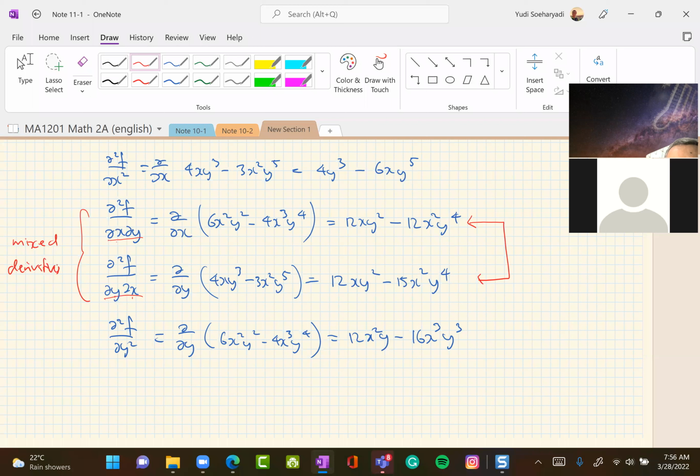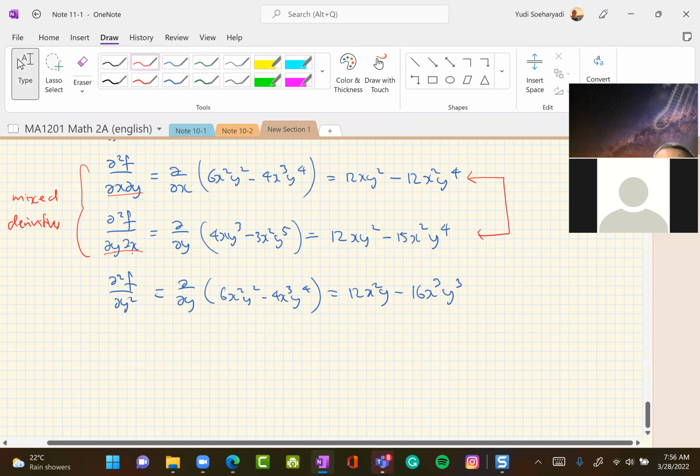So in general, mixed derivatives are different things.